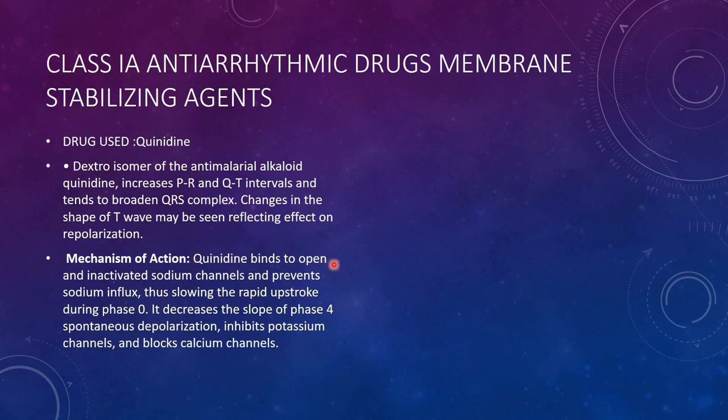Quinidine binds to open and inactivated sodium channels and prevents the sodium entry or influx, thus slowing the rapid upstroke during phase 0 and decreasing the phase 4 spontaneous depolarization. It also inhibits the potassium channels and blocks the calcium channel. So the main action of quinidine is blocking the sodium ion entry.